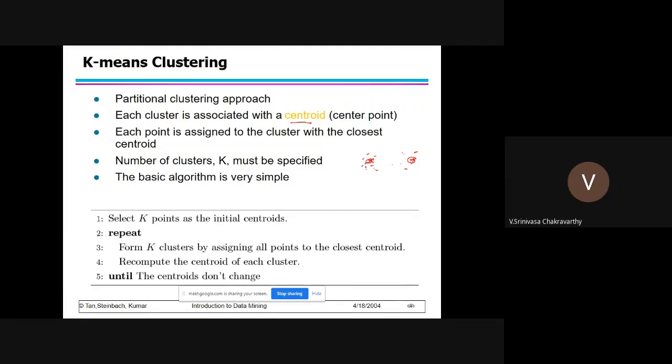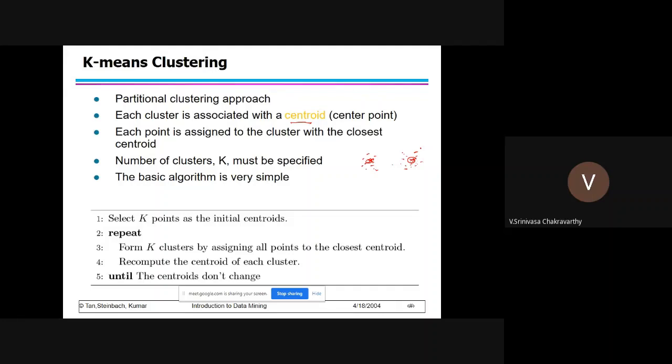And if you want to divide the data set into k clusters, you have to specify it. Suppose I have data like this, a toy example. You can see that there are two clusters. But when you give this data set to the k-means clustering algorithm, you can't say, just give me the clusters in the data set. The algorithm will ask you, how many clusters do you want?